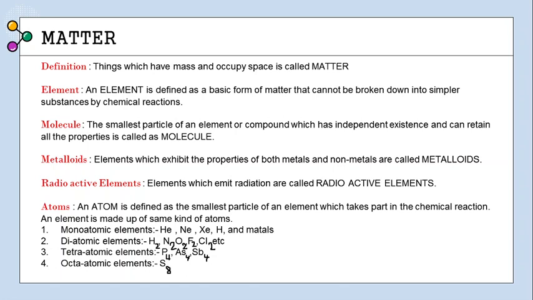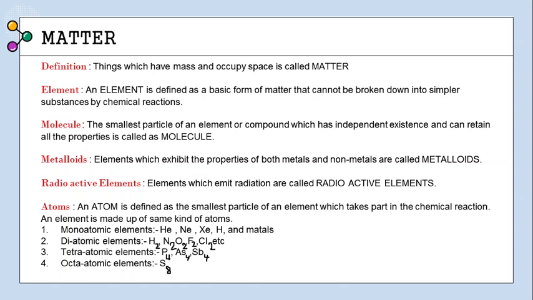Coming to the next one, we have metalloids. I think you know the properties of metals. Metals are hard, shiny, lustrous, etc. For example, metal is hard. Non-metals are not as hard as metals, but they have other good qualities.